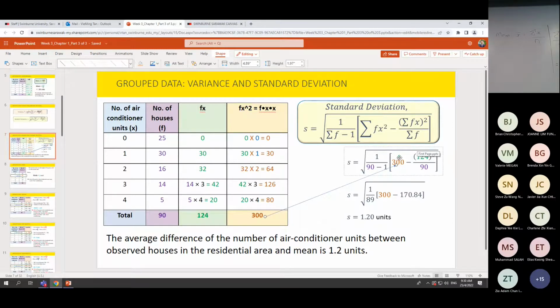Then how about this part? Total fx, power 2. How to get the answer for total fx? It is from this column.